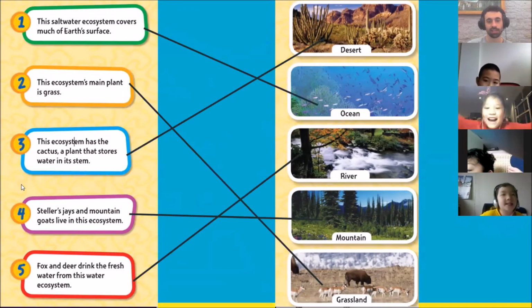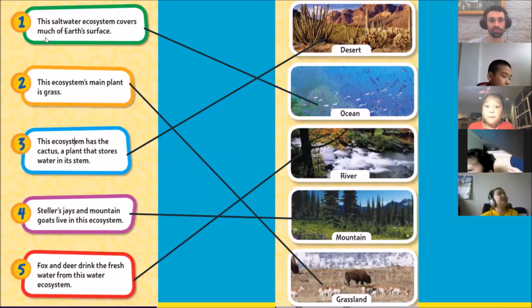Good job, class. So the main ecosystem, number 1, I can't read this one because of Zoom, but this is the majority of Earth's surface: the ocean. Remember, the oceans are huge. They take up most of the ecosystems of all Earth.